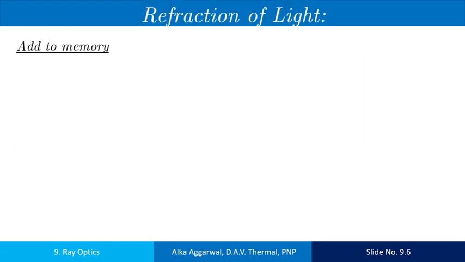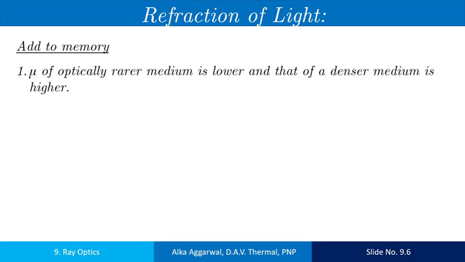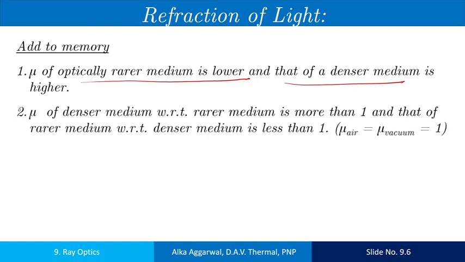Now, refraction of light, add to your memory. The refractive index of an optically rarer medium is lower than that of a denser medium. That is, if we take the ratio of denser medium to the rarer medium, this ratio is more than 1. And if the ratio is from rarer to denser, then it is less than 1.